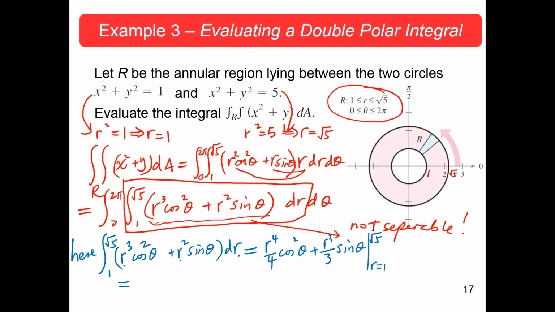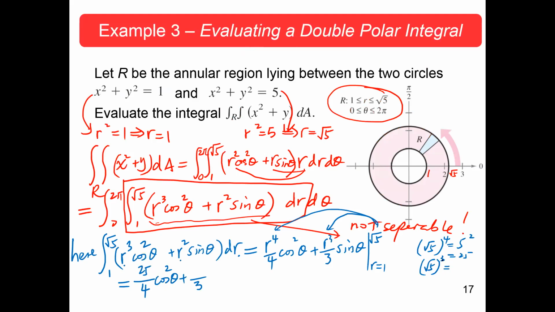Okay, and then let's plug root of 5 in for the radius. So we should have 1/4 times root of 5 to the 4th power. Okay, so it's going to be root of 5 squared, squared, so 5 squared, which is 25. 25 over 4 cosine theta squared plus 1/3 times root of 5 cubed.